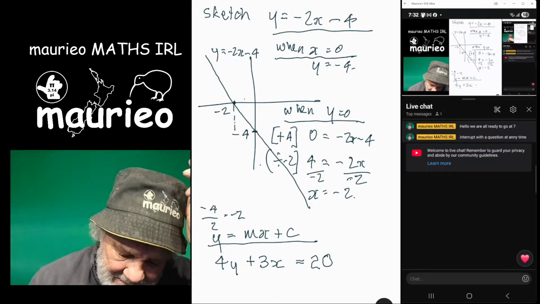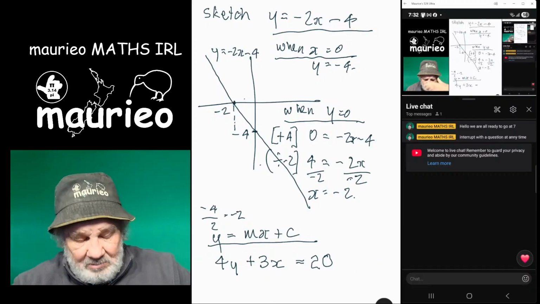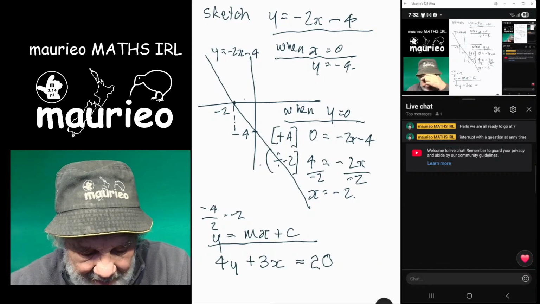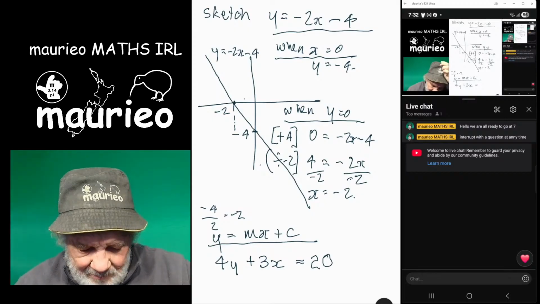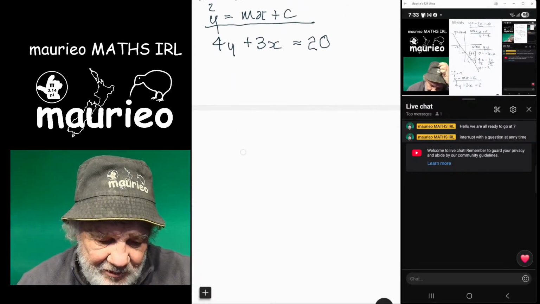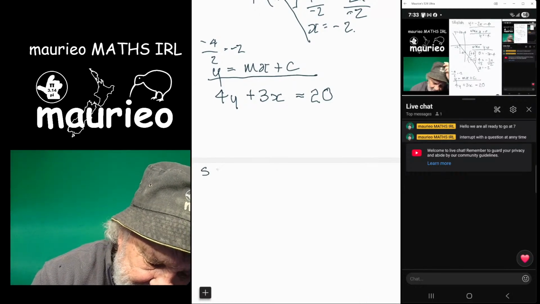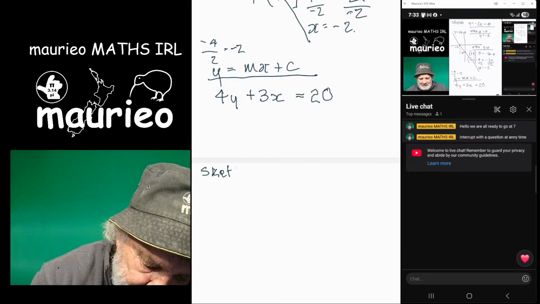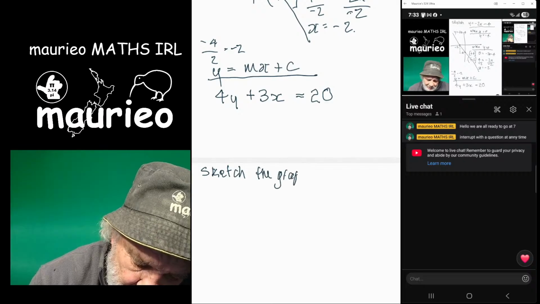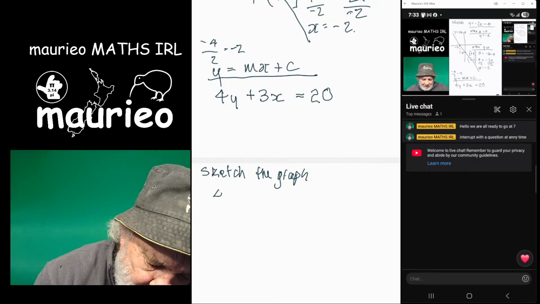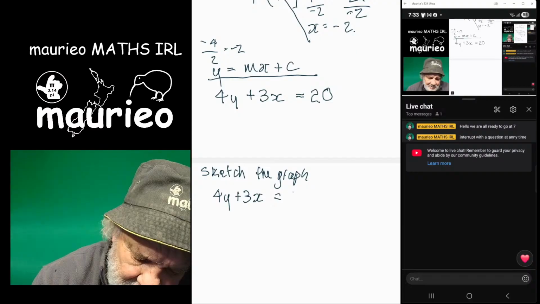That will be a straight line. However, it's not in the form y equals mx plus c. So we'll just put that here to write the question in readiness for tomorrow night: sketch the graph 4y plus 3x equals 20.